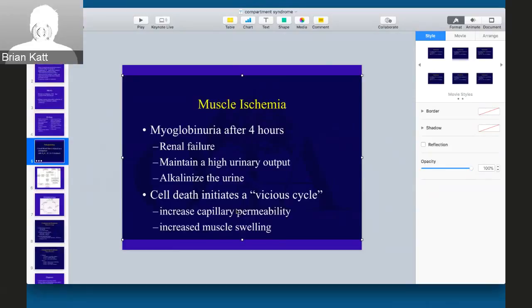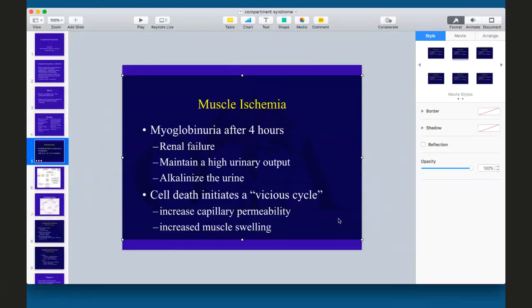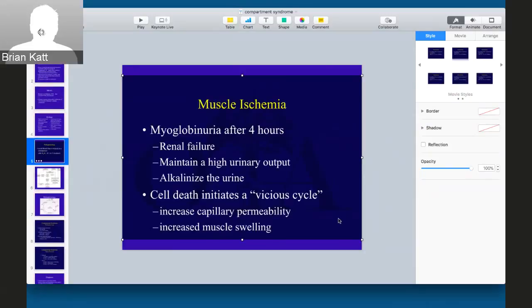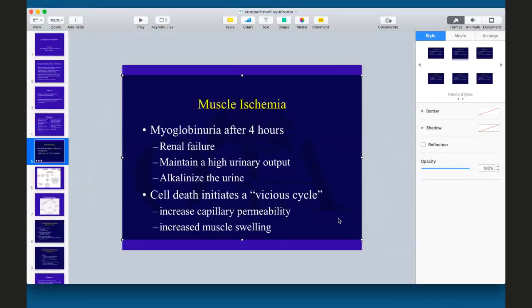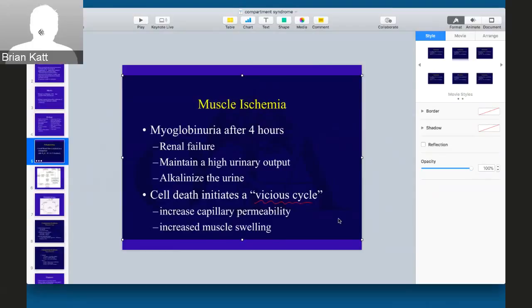Also ischemic tissue breakdown. This can eventually become a vicious cycle.